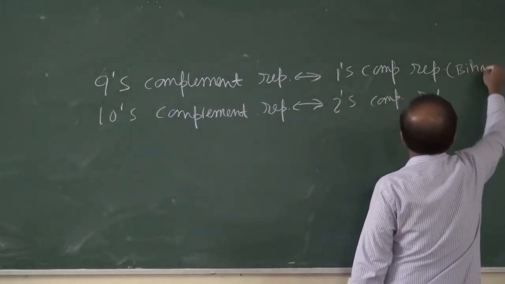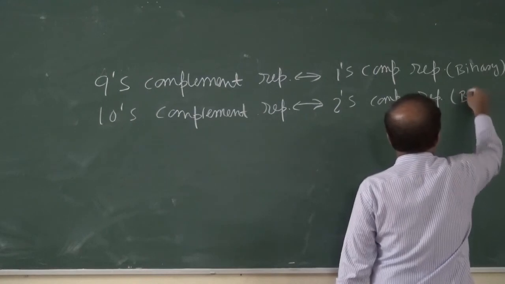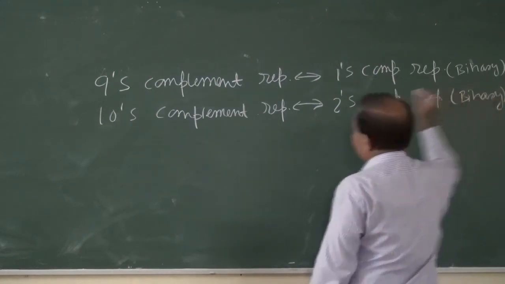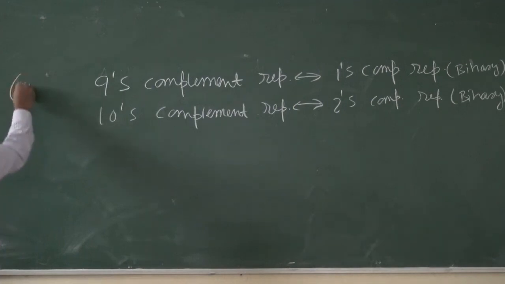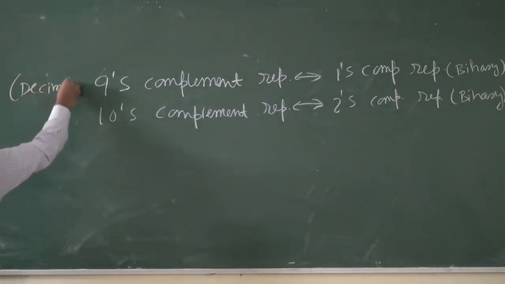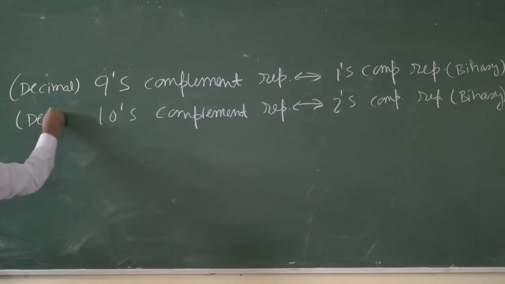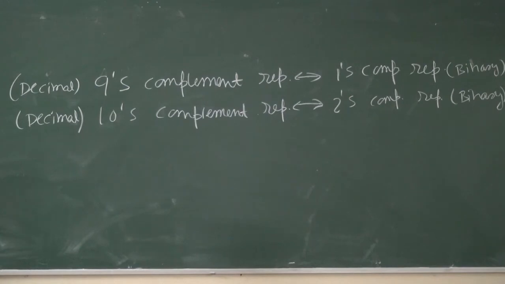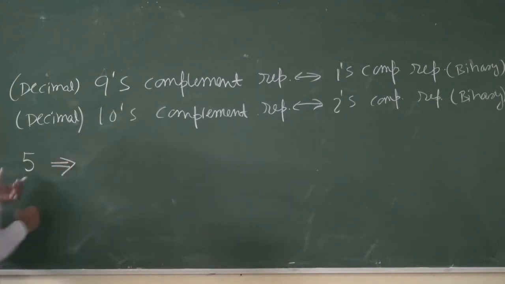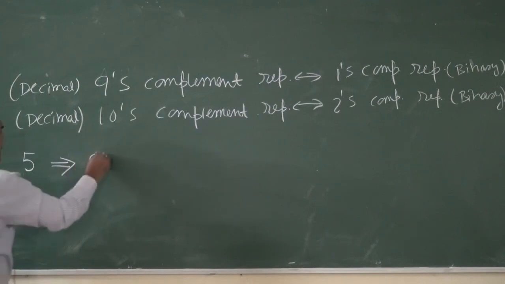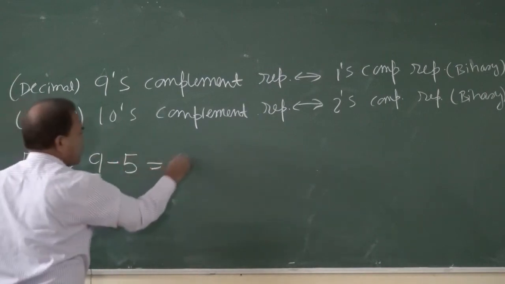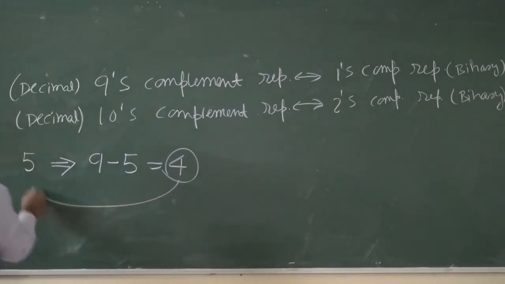This is in binary, signed binary numbers, and this is in decimal. So how can you get the 9's complement of any number? Suppose you want to find the 9's complement of 5. You have to subtract 9 minus 5. It is equal to 4. So 4 is the 9's complement of 5.